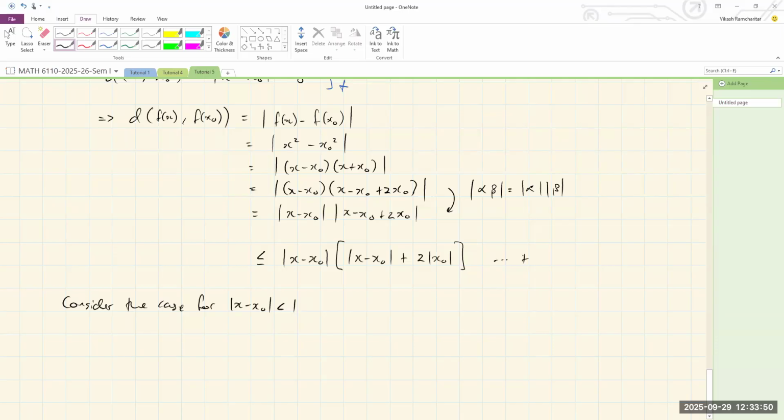Okay, so let me label this star. So from star, let's just pretend for now that modulus of x minus x0 is less than 1.